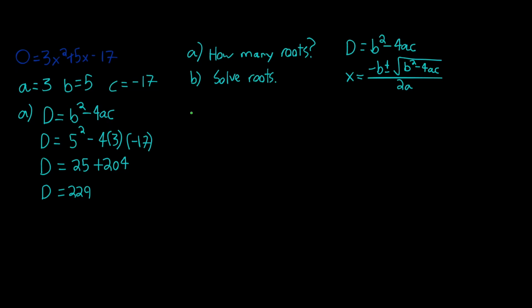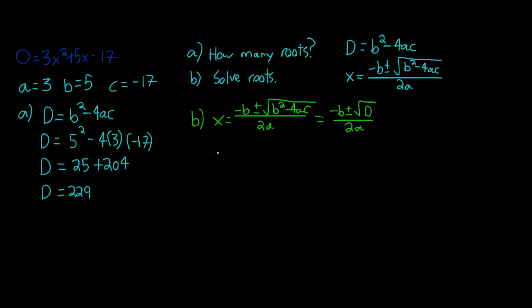Now, to move on to part B, solving with the quadratic formula, we know that x is equal to negative b plus or minus the square root of b squared minus 4ac divided by 2a, or negative b plus or minus the square root of d divided by 2a.